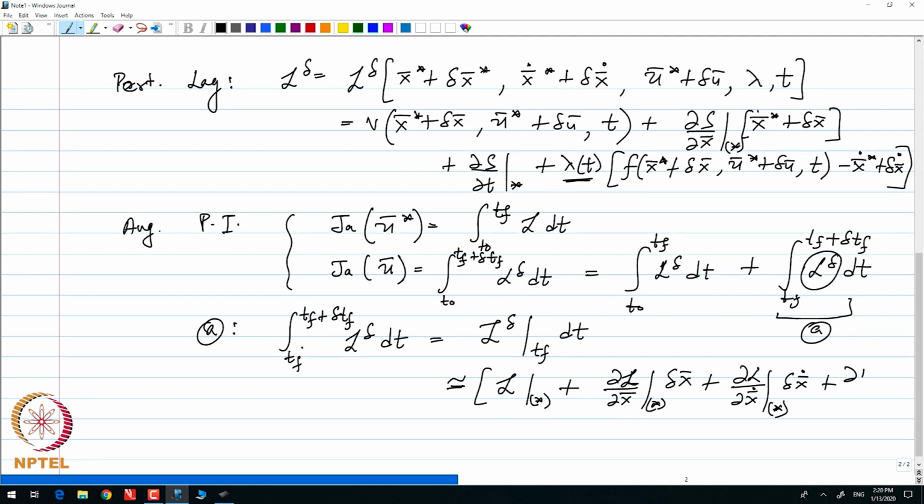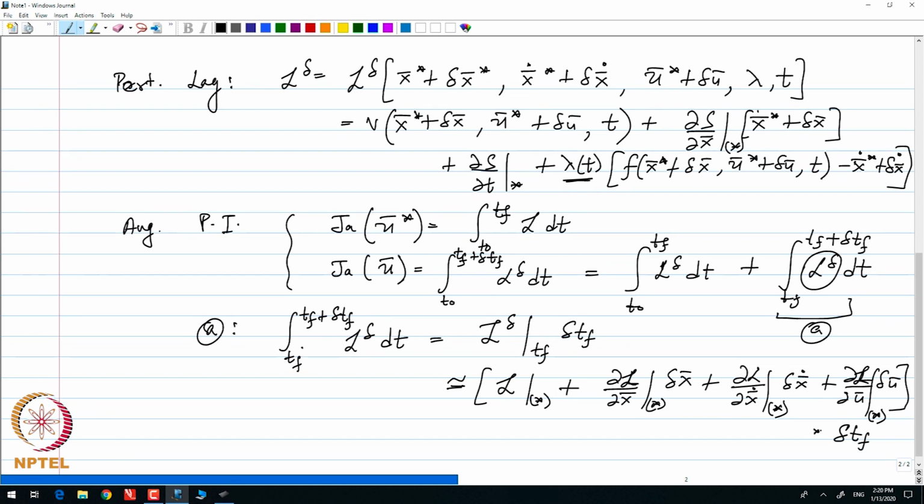So, partial L partial u times delta u. Okay. So, all these derivatives are evaluated at the star condition, and notice that this is the integration from Tf to Tf plus delta Tf. So, I have a quantity delta Tf being multiplied. Okay. So, that is it.